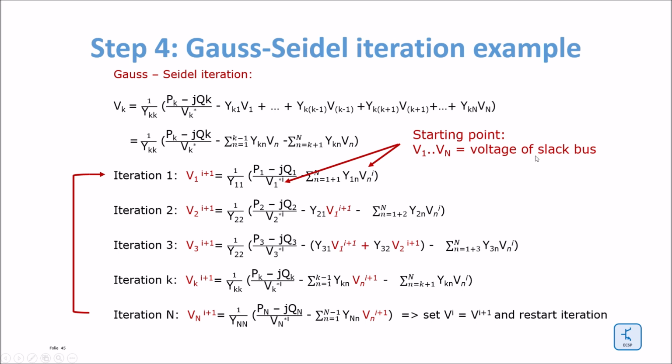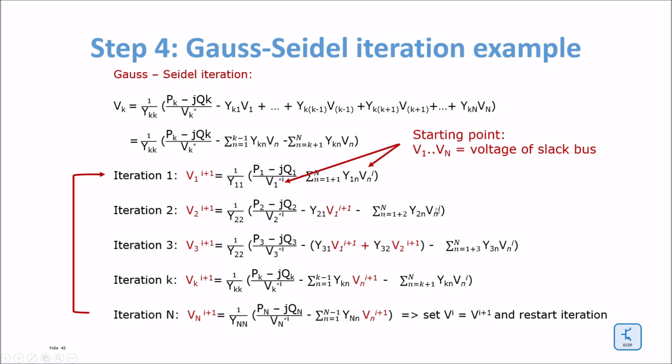So for example, in my case now, if I have defined that at the slack bus I have a peak voltage of 200 kilovolts with 0 phase angle, I take the same voltage for all the buses and insert it here for the first iteration cycle.